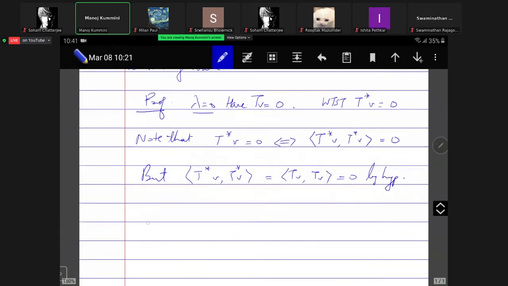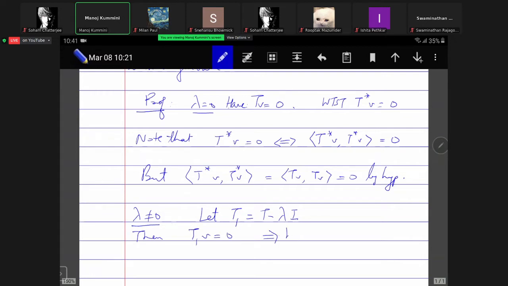Okay. So now lambda not equal to 0. This is a trick that we have done earlier when we were doing Jordan decomposition. We consider this linear operator T1, which is T minus lambda I. Then T1 v is 0.